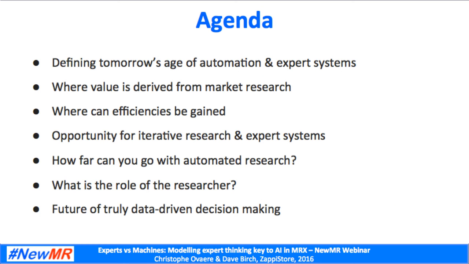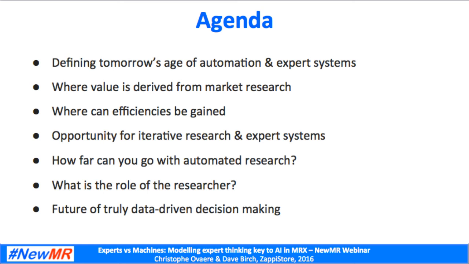So just to give you a quick overview of what we're going to cover, I want to spend a little bit of time on the terminology that gets used, because lots of terms get used interchangeably, and I think they're sometimes different, and it's important to understand those differences. Again, from an outsider's perspective, I want to look at how I see value being derived from market research, quickly look over where efficiencies can be gained, and then how those efficiencies can change the way that industry interacts with market research.